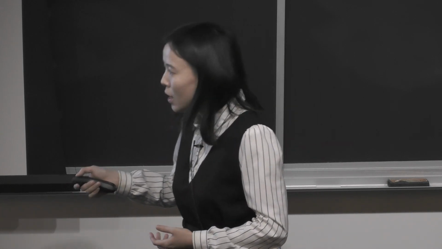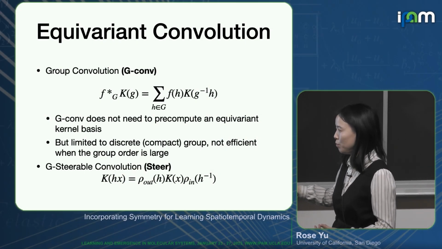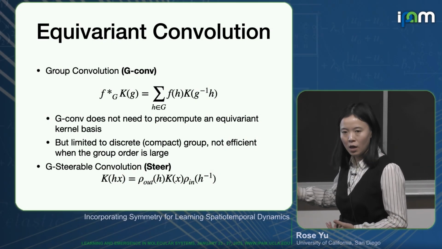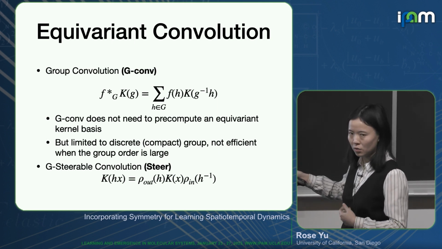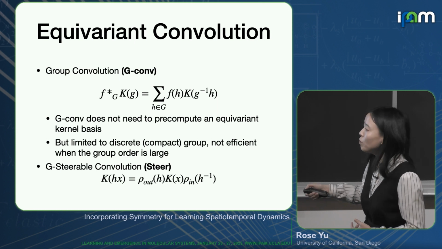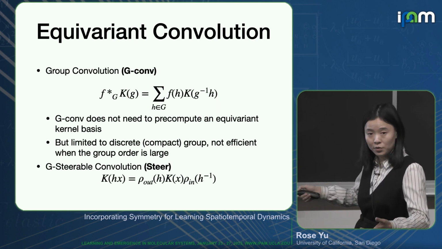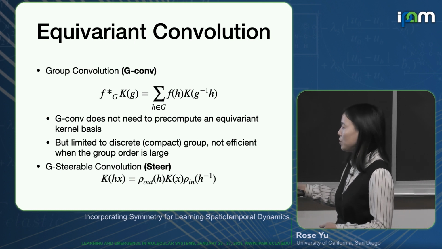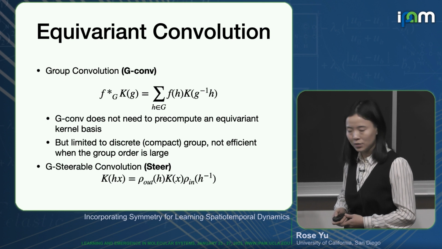The second way, coming from Max's paper, is steerable convolution. With steerable, you pre-compute the kernel basis first. Instead of doing this group summation over the Haar measure, you compute the kernel basis first, and then afterwards you left multiply and right multiply the matrix.